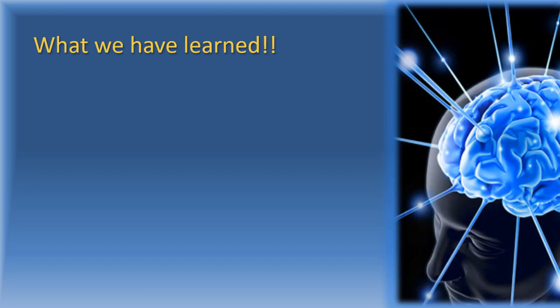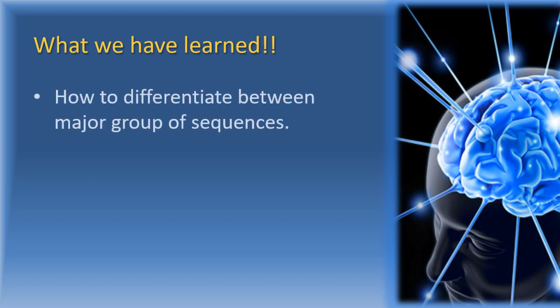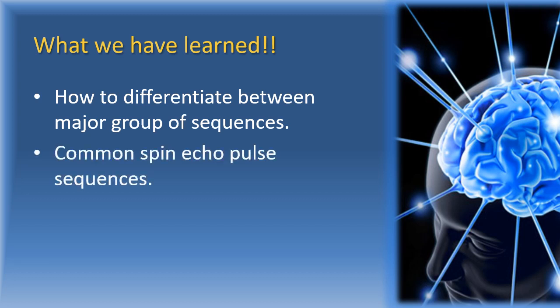In the last video we learned some important points. The first point: how to differentiate between the major groups of sequences, spin echo and gradient echo families. Additionally, the common spin echo pulse sequences like T1, T2, and proton density, and we talked about special fat suppression techniques.